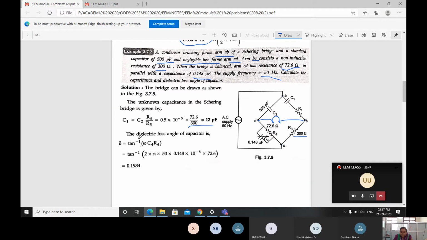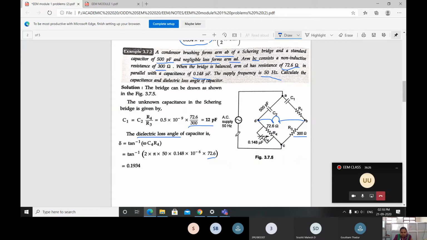Then what is the dielectric loss? We already came across the theory that tan delta is taken, but here we want only the loss angle. For that reason, delta is taken as tan inverse of omega C4 R4. Substitute for C4, R4 and omega. Omega is nothing but 2 pi f, and 50 Hz is given. Then C4 is 0.148 microfarad and R4 is 72.6.